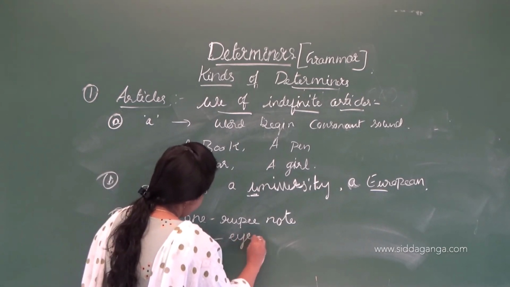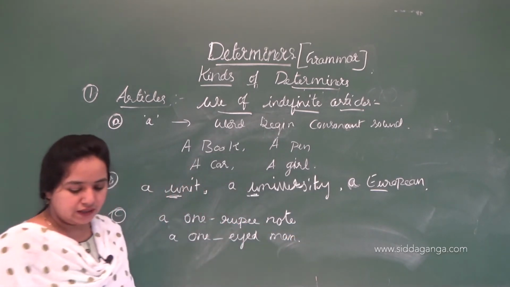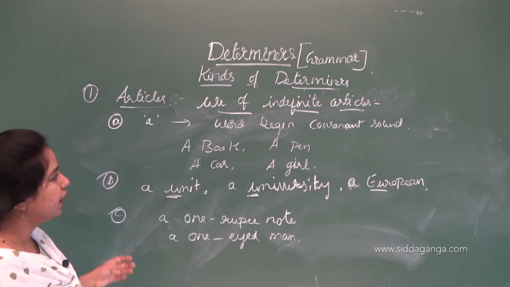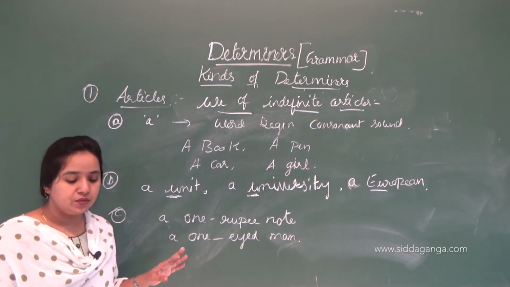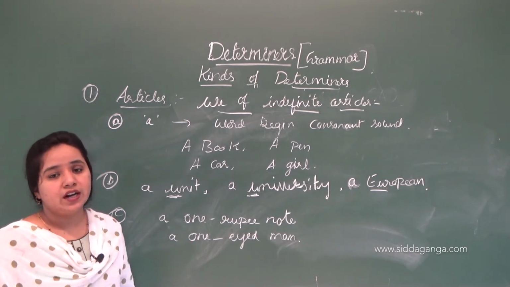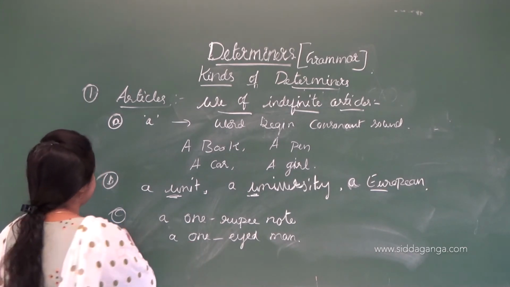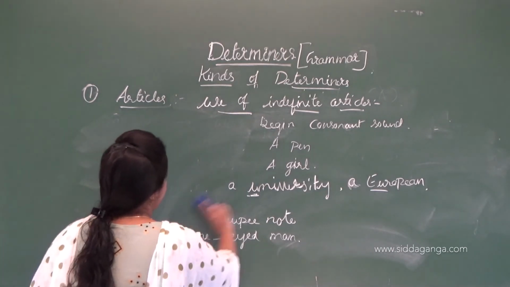So in these three cases we are using the indefinite article a. It is quite easy to identify and recognize where we are going to use the indefinite article a. Next we will move on to the second one, that is an.